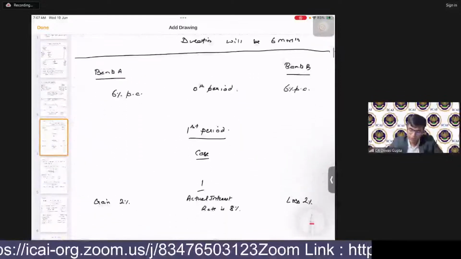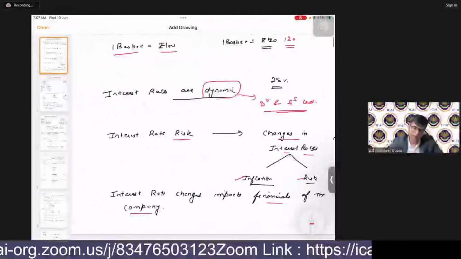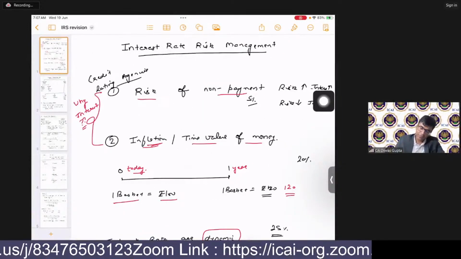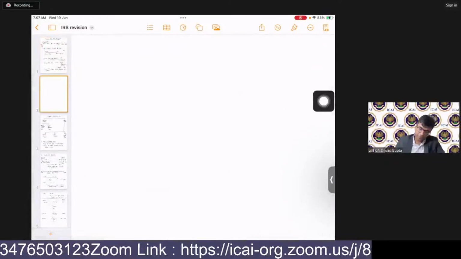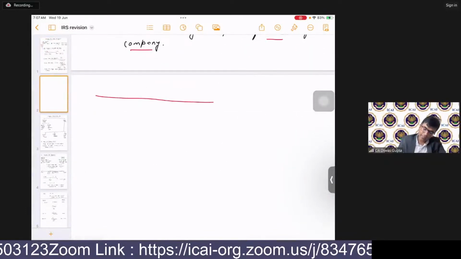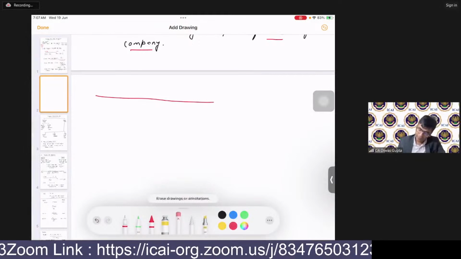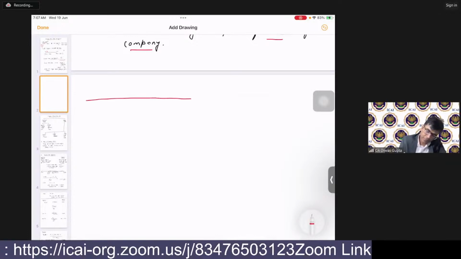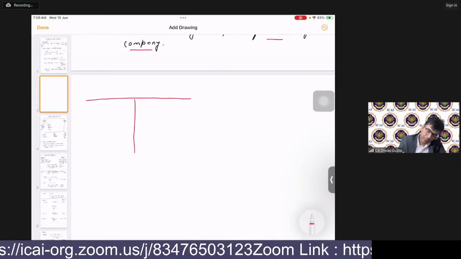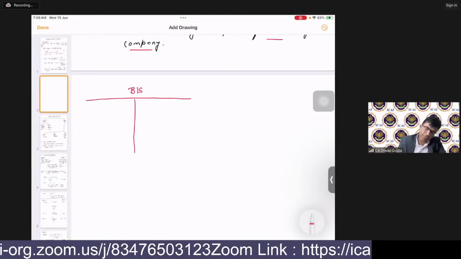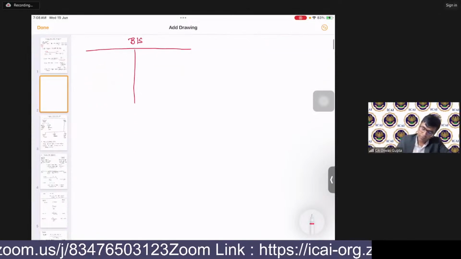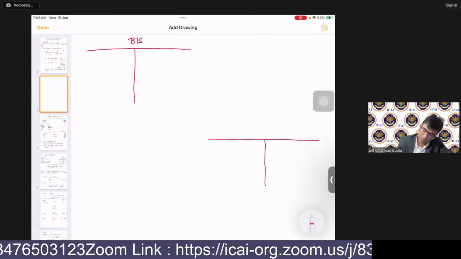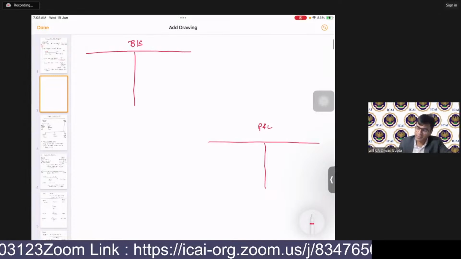In this discussion, let's say this is a balance sheet, for example, and this is the P&L.